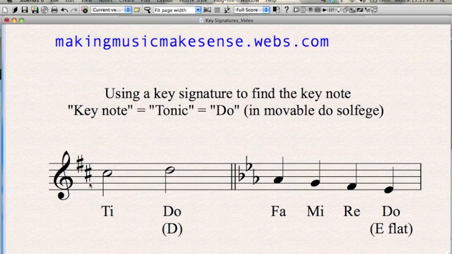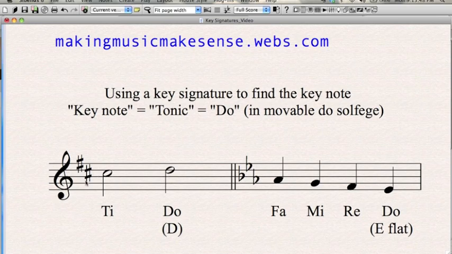But the last sharp that's written, so by last sharp I mean the one furthest to the right, is always ti in movable-do solfege. So do, re, mi, fa, sol, la, ti, do. So that means if you go up one, you can find do.